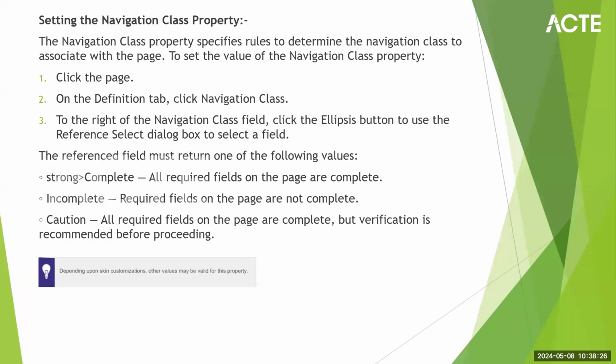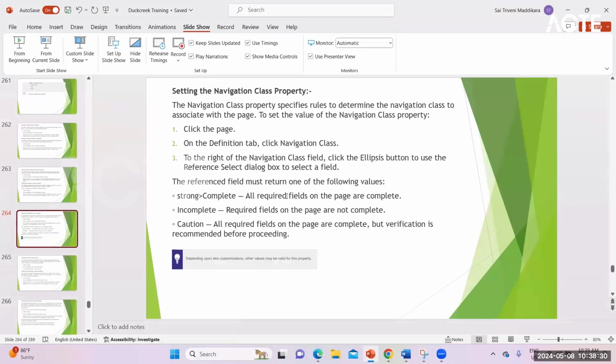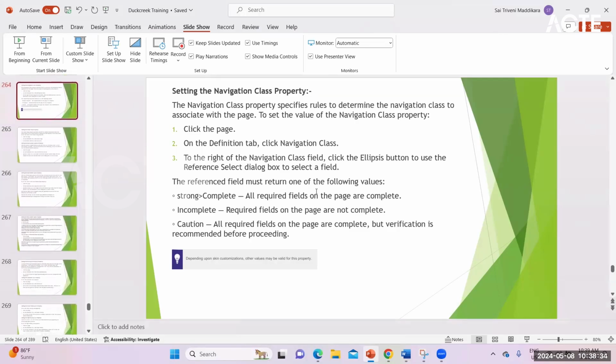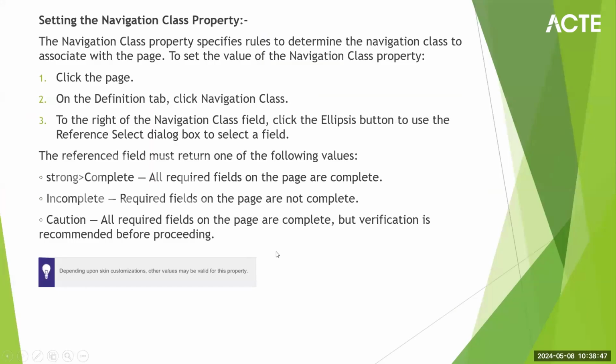Setting the navigation class property. The navigation class property specifies the rule to be determined for the navigation class associated with the page. Navigation means moving from one screen to another screen. How do you set it?